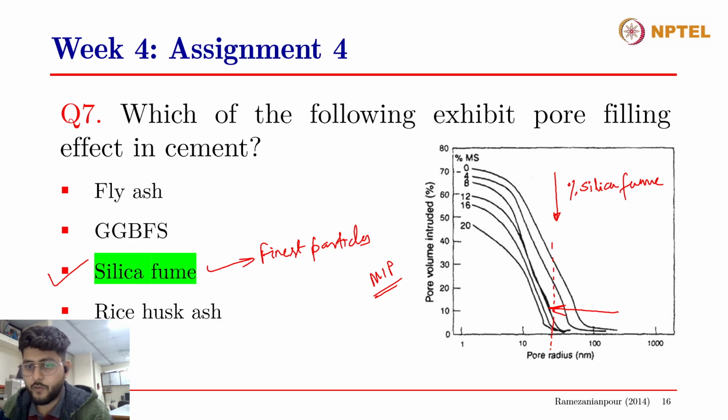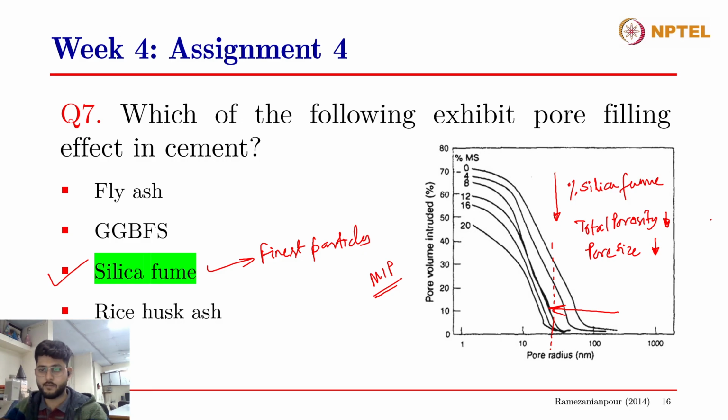However, at 20% addition of silica fume, the pore volume is reduced at this given pore size. All right. So with increasing addition of silica fume, the total porosity decreases, the pore size also gets decreased, and this is also known as pore size refinement.